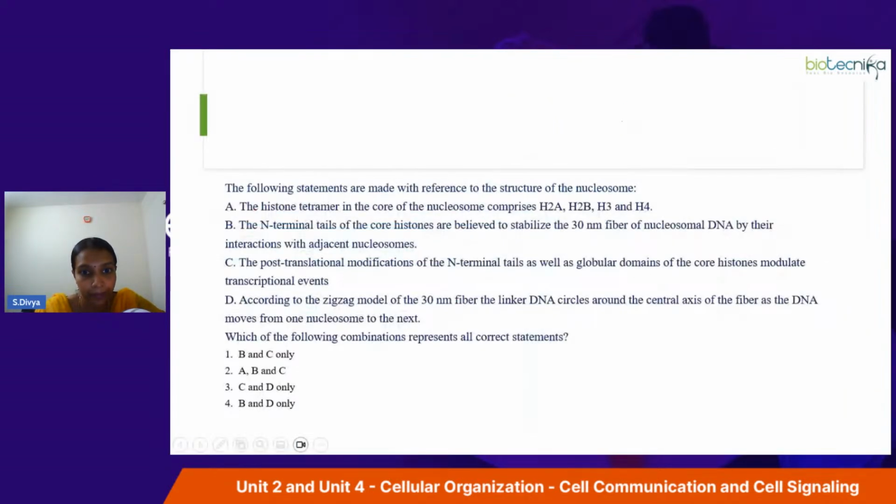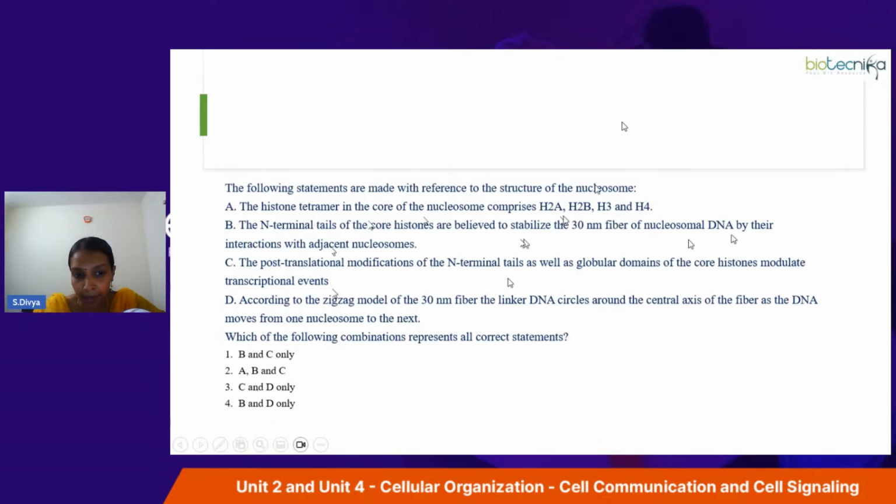Next question, based upon nucleosome. Histone tetramer in the core of nucleosome comprises H2A, H2B, H3 and H4. N-terminal tails are believed to stabilize the 30 nanometer fiber of nucleosomal DNA by their interaction with adjacent nucleosome. Post-translational modifications of N-terminal tails as well as globular domains modulate the transcriptional events.